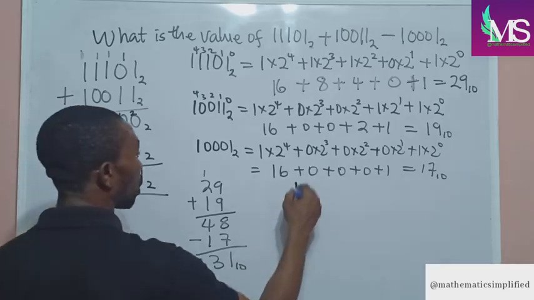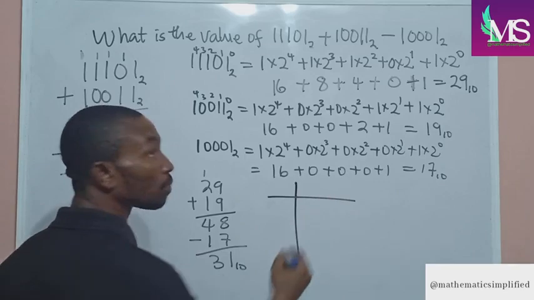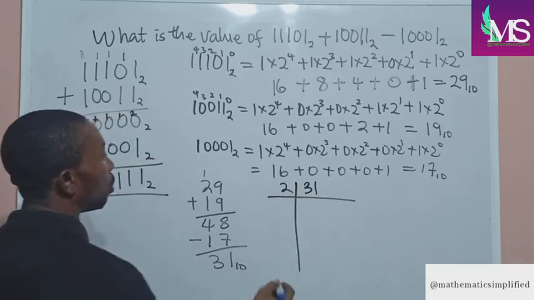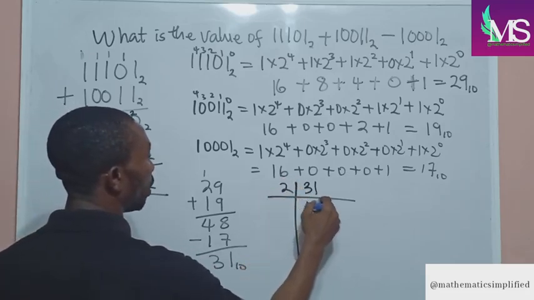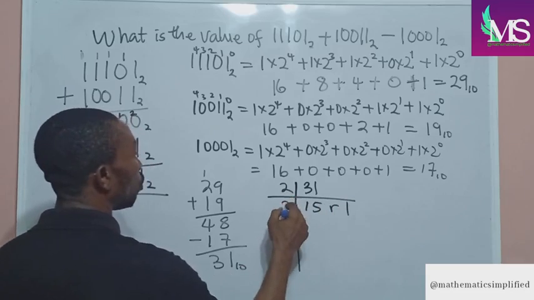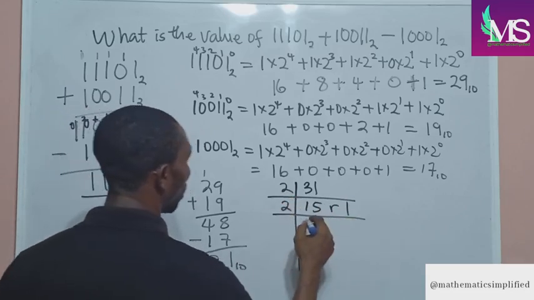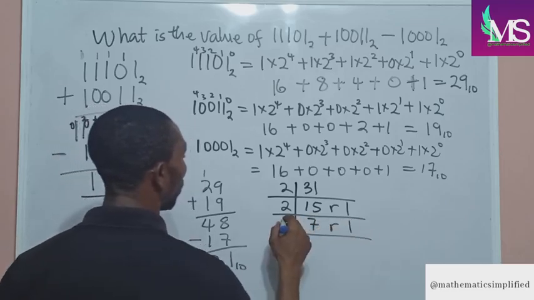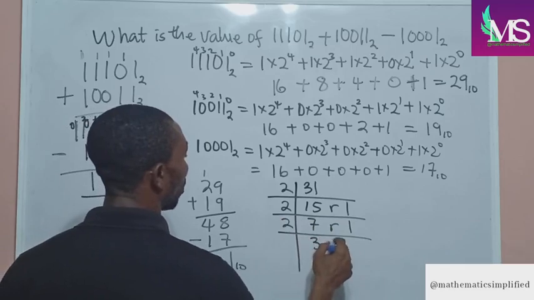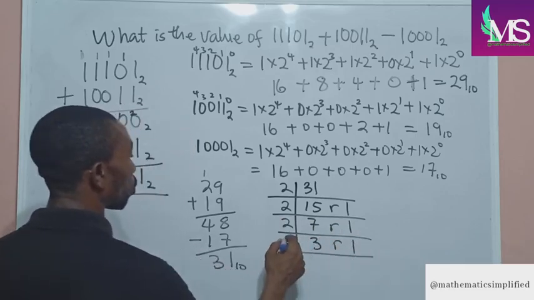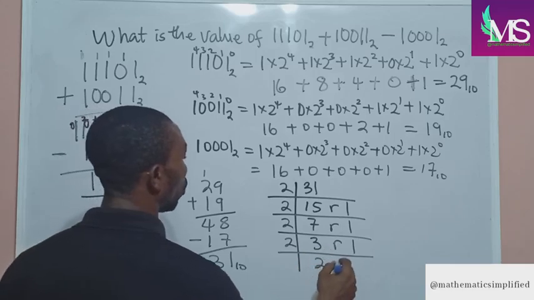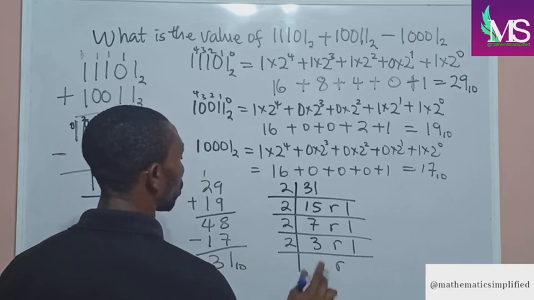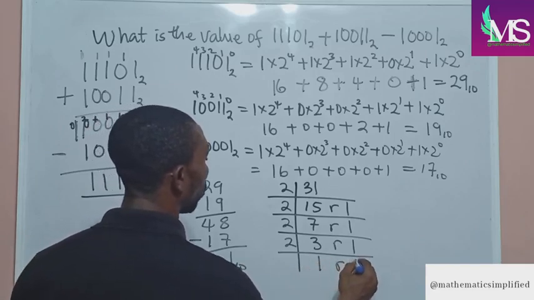In doing that, we use our division method. So 2 into 31 will give us 15, remainder 1. 2 into 15 will give us 7, remainder 1. 2 into 7 will give us 3, remainder 1. 2 into 3 will give us 1, remainder 1.